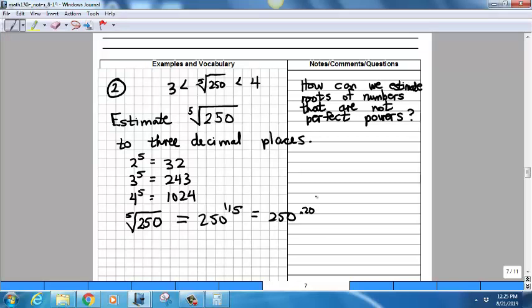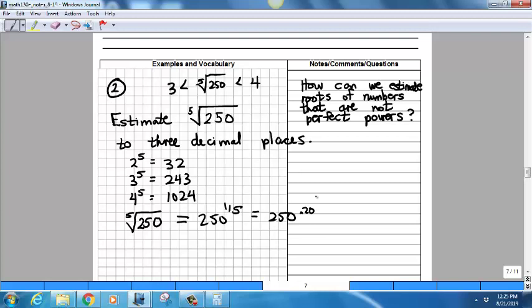The reason that's helpful is that it's very easy on calculators to raise numbers to powers. All scientific calculators will have a key that allows you to raise a number to a power. It may vary a little from calculator to calculator.